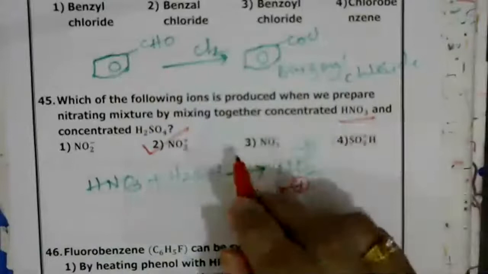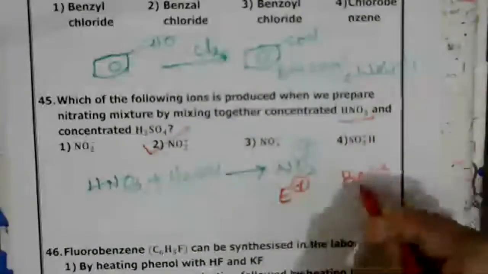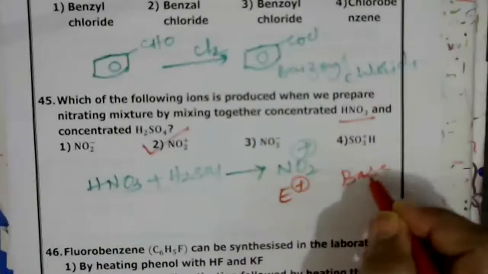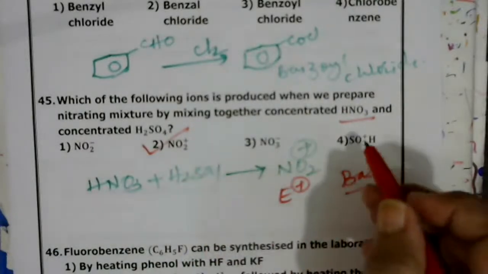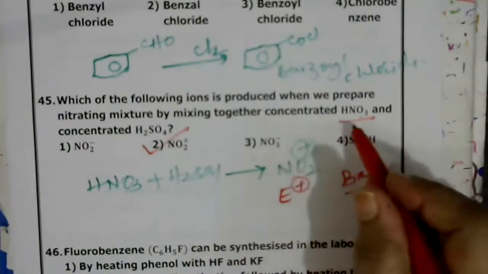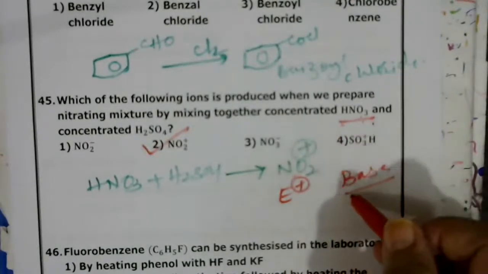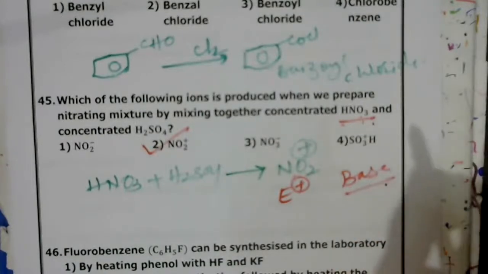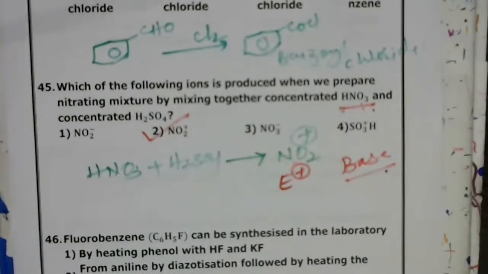Remember one thing, in the nitration process, nitric acid always behaves as a base. The name is nitric acid, but it is a base, because from HNO3, if NO2 plus is removed, what is left out is OH minus. That's why it is a base. That's why it is what, children? It is a base.